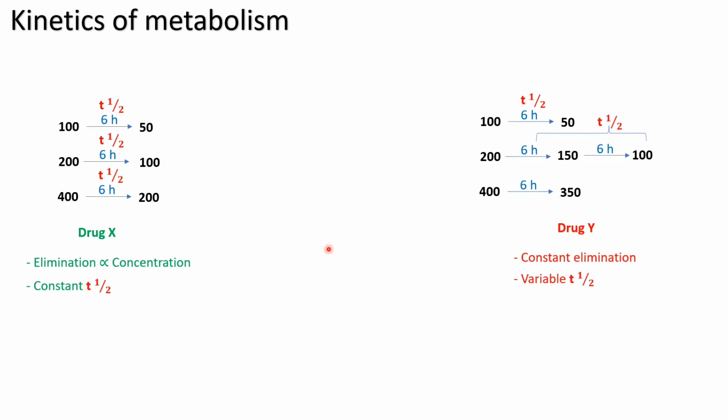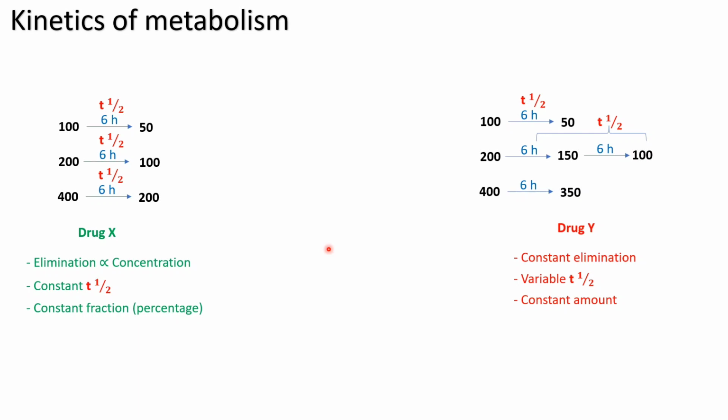Yes, drug Y. Because 50 milligrams of the drug is eliminated every 6 hours, whatever the concentration is, while we eliminate constant fraction or percentage in drug X, because we eliminate 50% of the dose every 6 hours, whatever the concentration is, while in drug Y we eliminate 50 milligrams every 6 hours. We eliminate a certain or constant amount.